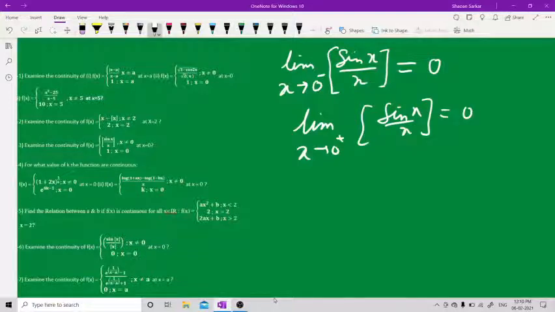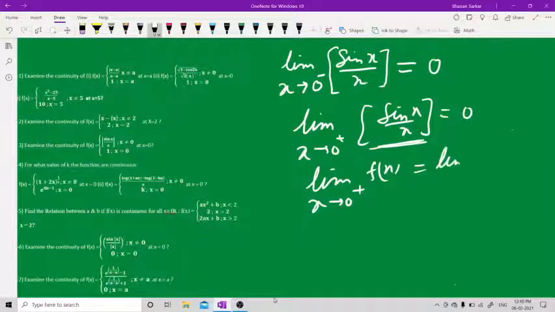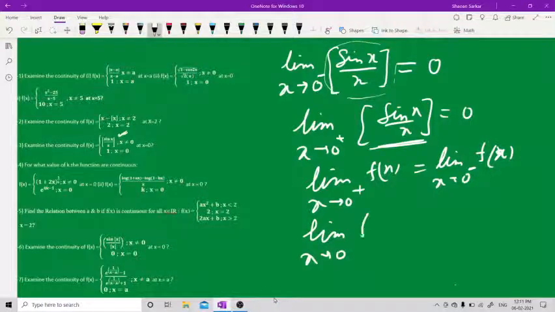So the limit exists, since limit x tending to 0 plus f(x) is equal to limit x tending to 0 minus f(x), when the function is this only. So you have limit x tending to 0 plus f(x) equal to 0.